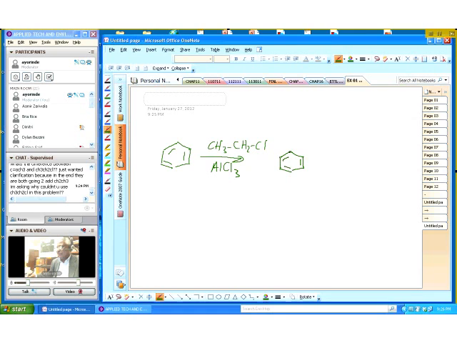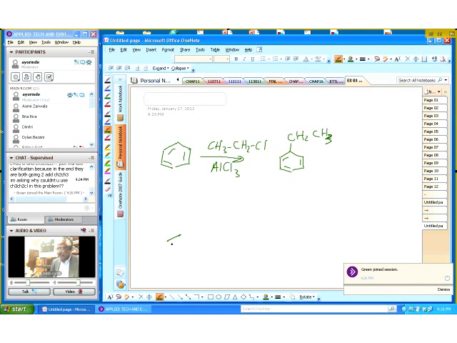That was what I was trying to explain to, I believe, Demetrius. If we do the alkylation, we get this product here. But that would be a problem, because keep in mind, this is the product that we want to make.